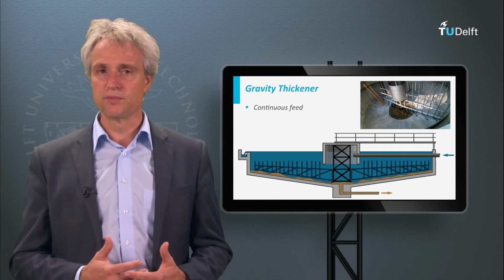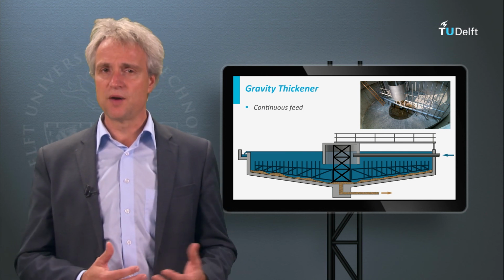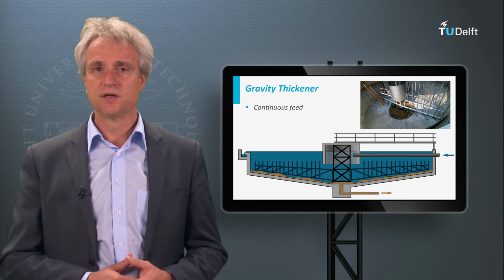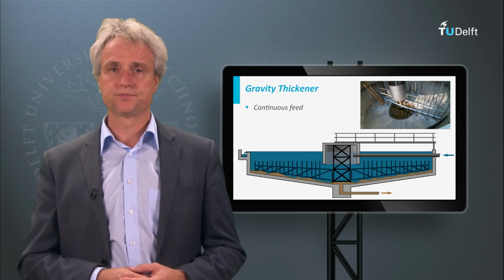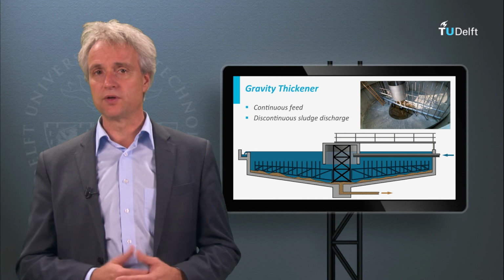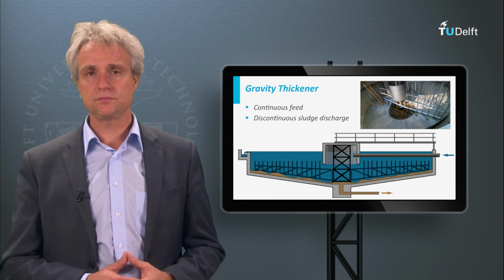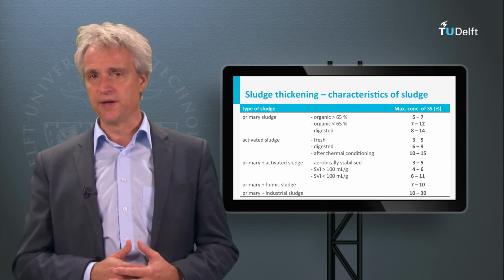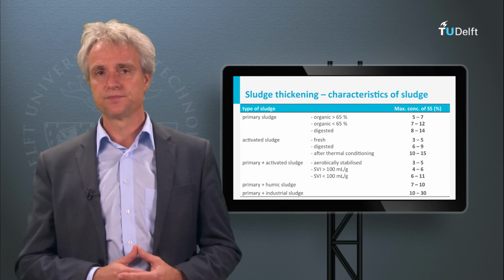Sludge concentrations coming from primary clarifiers are between 1 to 2%, whereas from secondary clarifiers these are less than 1%. The discharge takes place discontinuously throughout the day. The achievable concentration of suspended solids after thickening depends on the organic fraction of the sludge.